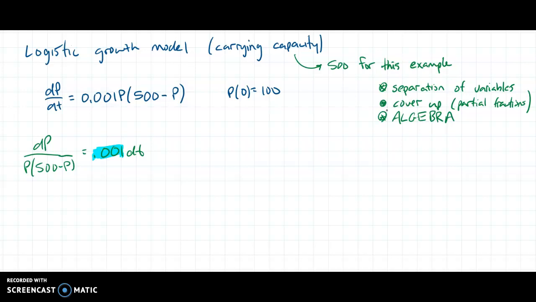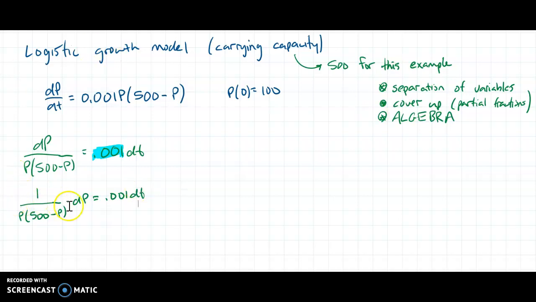And then next thing we're going to do is write this left side a little bit differently. I'm going to write it as 1 over P times (500 minus P) times dP is equal to 0.001 dt. Right side did not change.